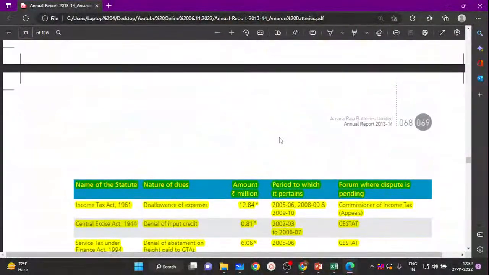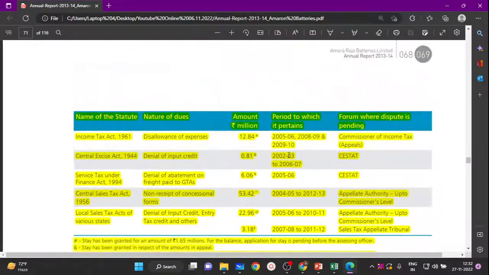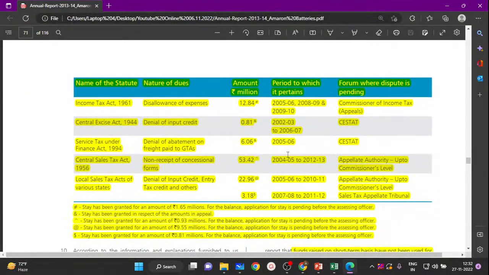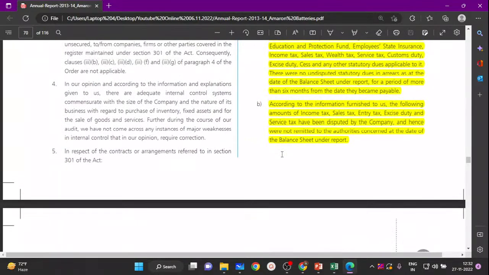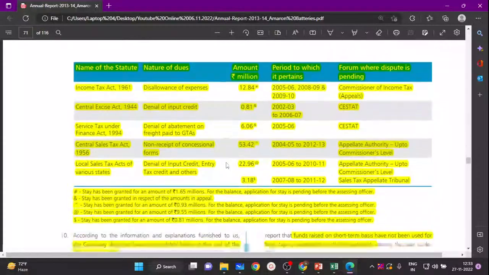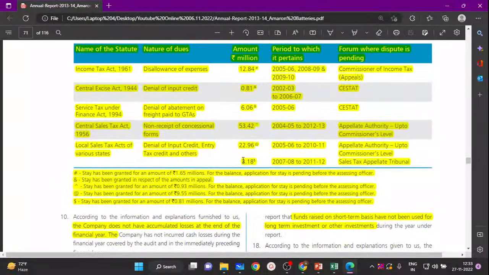Friends, you see here, in this case, the same Amara Raja Batteries case, in the auditor's report, they are saying that around 10 crore rupees, around 100 million, is under litigation.